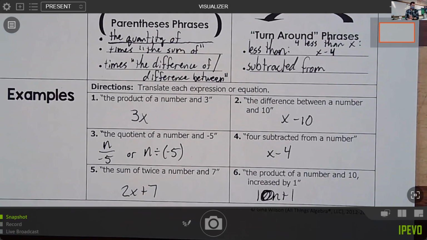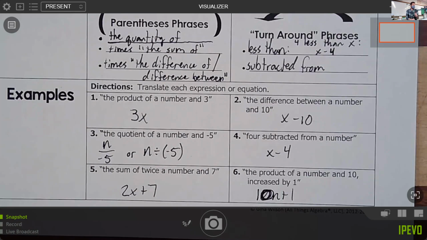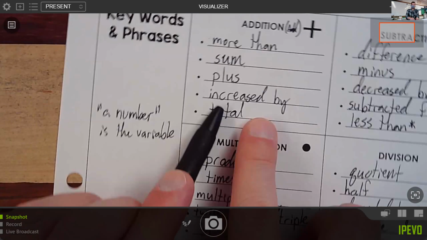Actually, I wrote 2 again to begin with. It should be 10 times your number plus 1. 10x plus 1, 10n plus 1. The product of a number and 10, so 10 times your variable, increased by, that was an addition word up here, increased by is addition, plus 1.